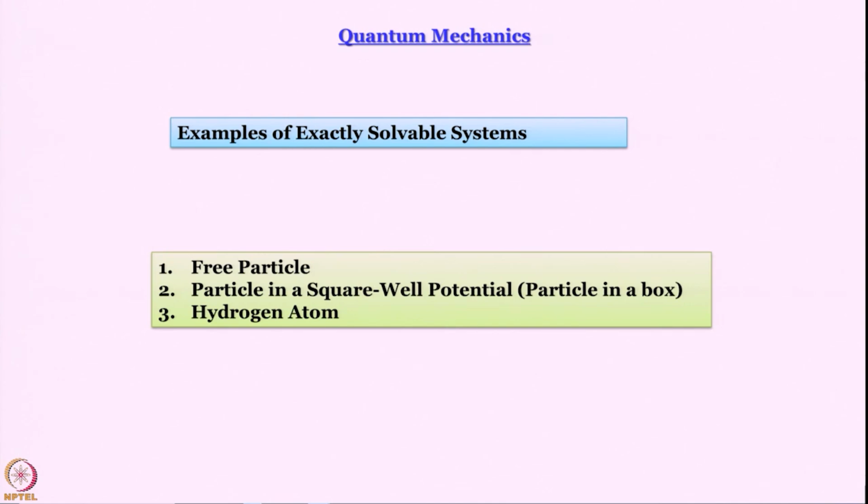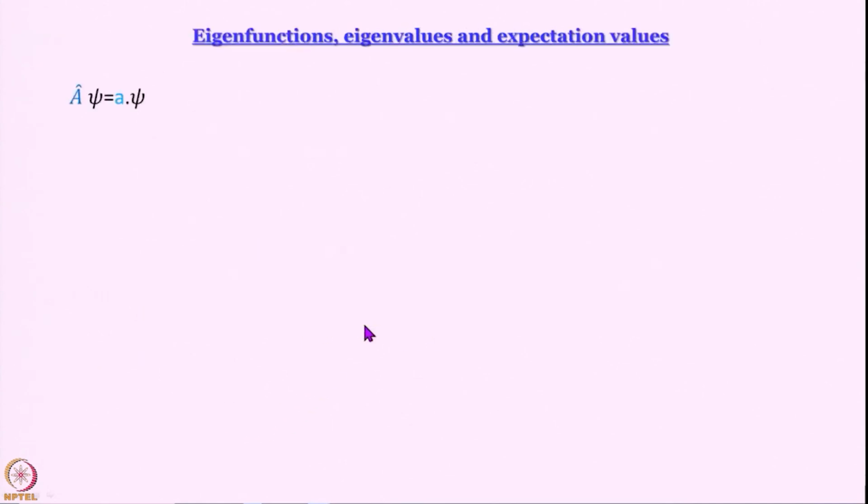Today we will talk about the free particle, then we are going to encage that particle, put it in what is called a square well potential, that is called the particle in a box problem, and finally we will go on to discuss the hydrogen atom. But before that, I want to talk a little bit about eigenfunctions, eigenvalues and expectation values, and I have been a little lazy, that is why I have not really written these things here. I will write it in real time.